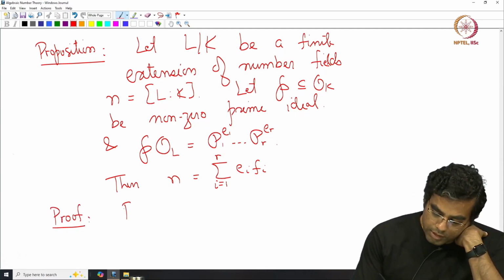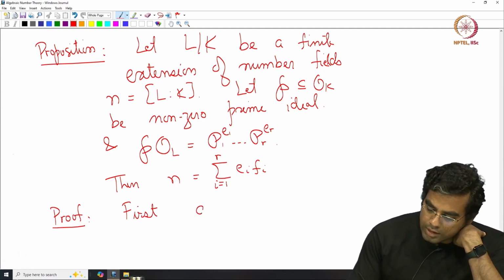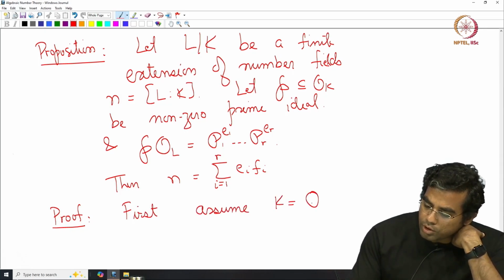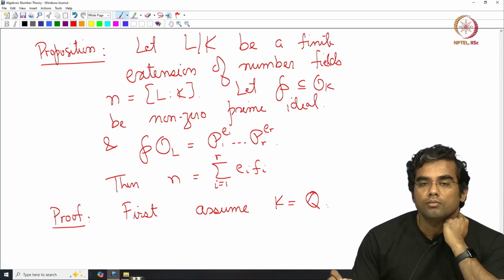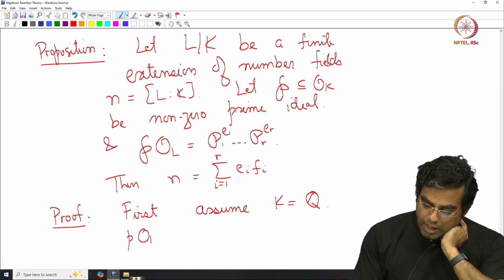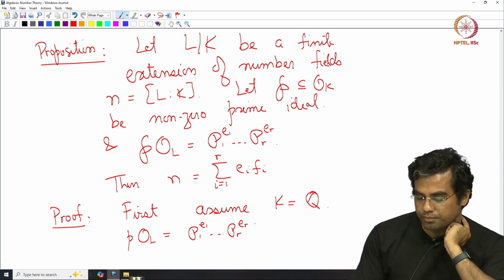So first, assume K is equal to Q, and so you can just take P OL, this is P1 to the E1 and so on up to PR to the ER.